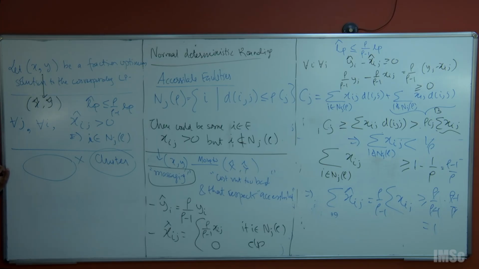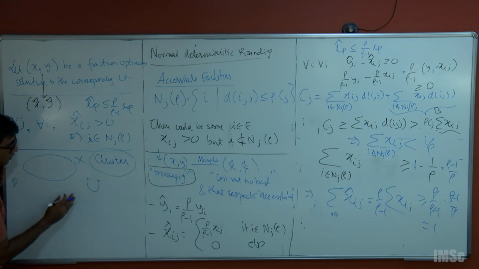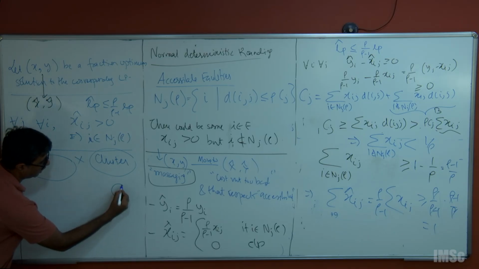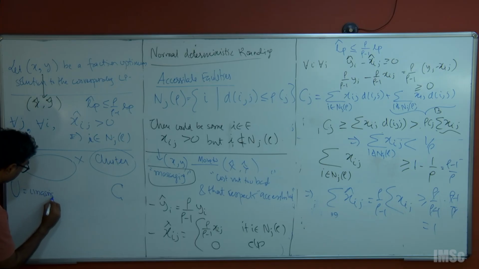In the beginning I have not assigned any client. So let's say U denotes unassigned clients.